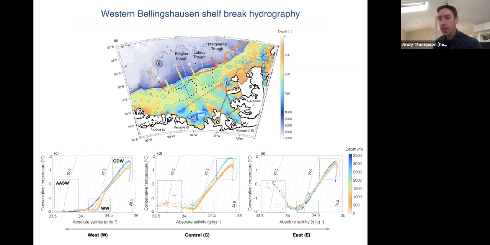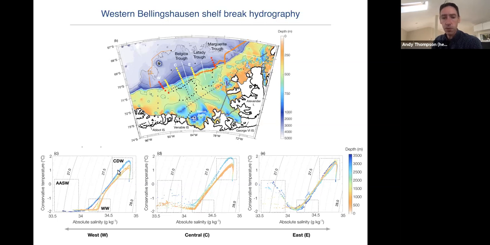You can deduce a lot about what's happening from looking at properties in temperature and salinity space. So I'm showing 3 separate temperature salinity diagrams that are again taken from the continental slope. So there are 3 here, which is west, central, and then 1 here on the eastern side of the Belgica Trough. And the signature of a front in this temperature and salinity diagram space is a gap in the properties.